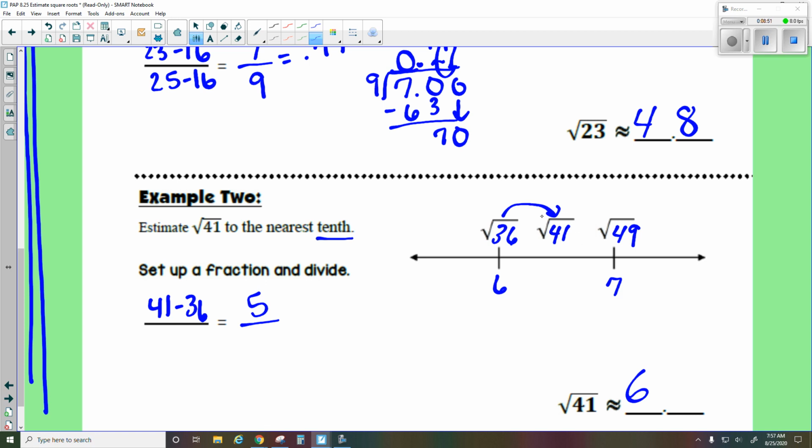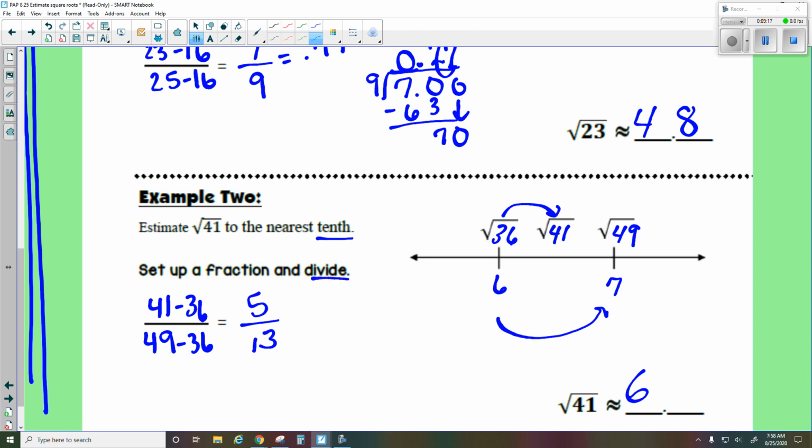Square root of 41 is part of the whole. So this is our whole right here. Okay, so 49 is how far away from the next perfect square, and it is 13. So there's our fraction here, 5/13. Okay, we got our fraction.